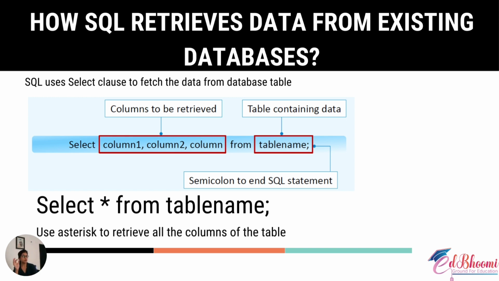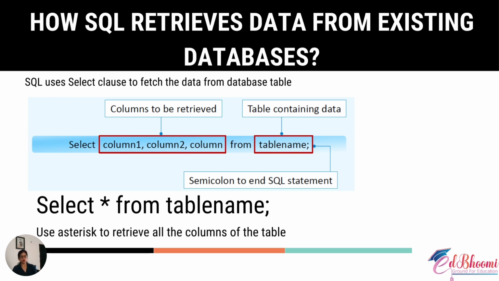If you don't want particular information but the complete information given in the table, then you write SELECT asterisk FROM table name. This asterisk retrieves all the column information given in the table. So this is how SQL retrieves data from the existing database.